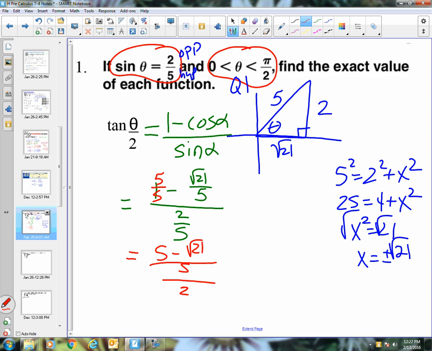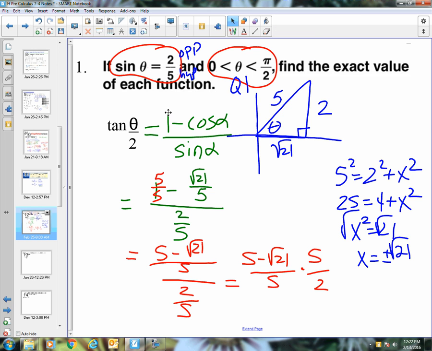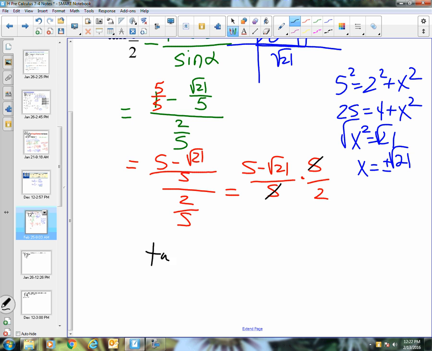And I'm going to divide that by 2/5. So 5 minus square root of 21 over 5 times 5 halves. And then I'm going to divide out my common factors. And it looks like my tangent formula for half that angle would be 5 minus the square root of 21 over 2.